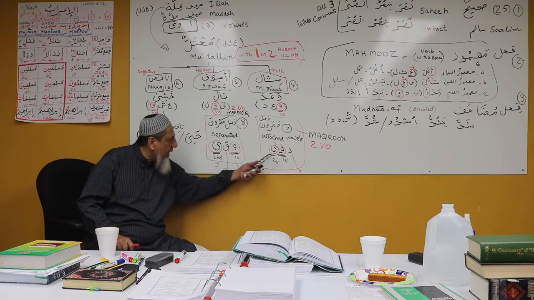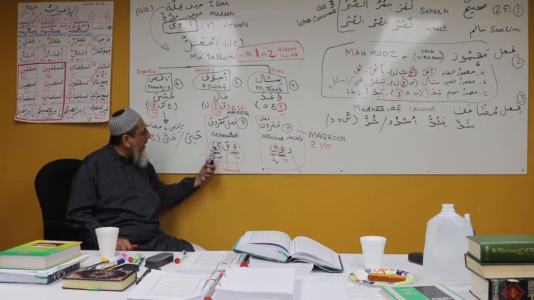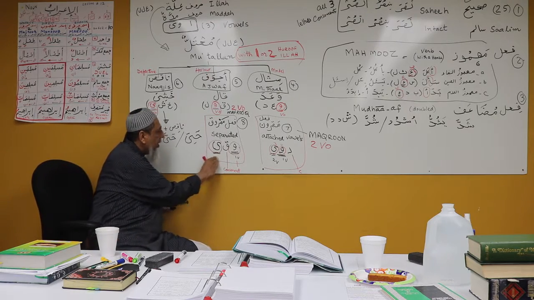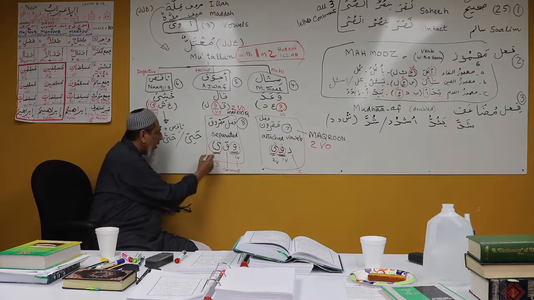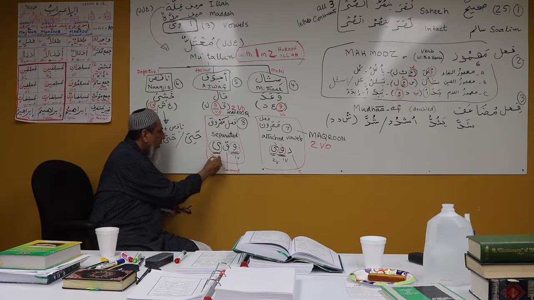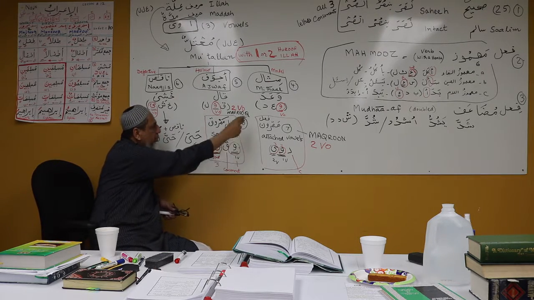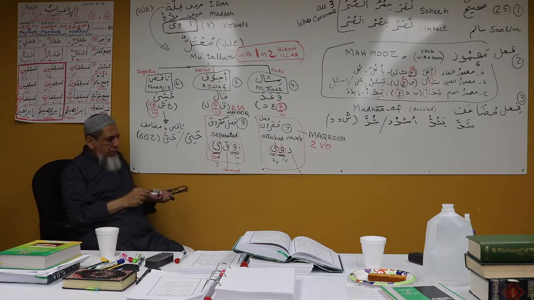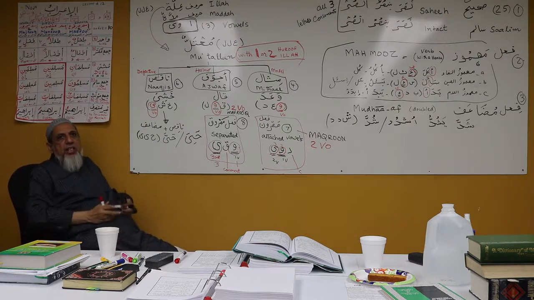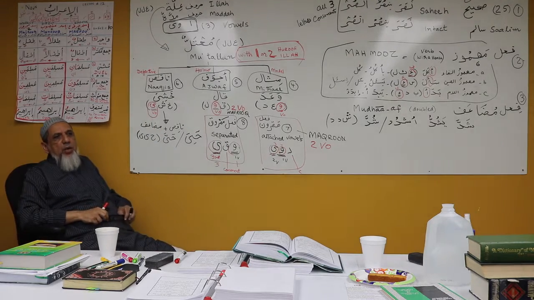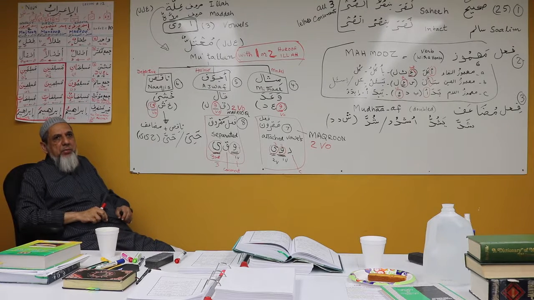Here, second one and third one. Here, first one and third one. With two vowels, both of them. Any question here? Any question now? Any question?